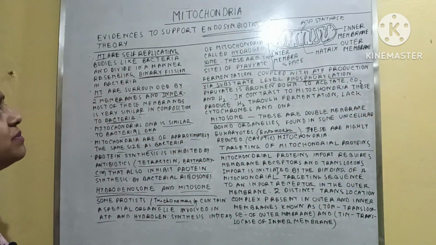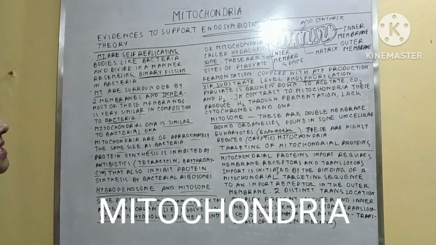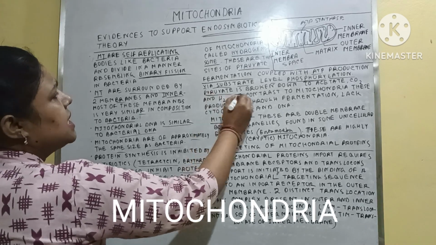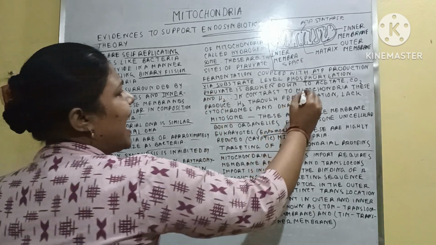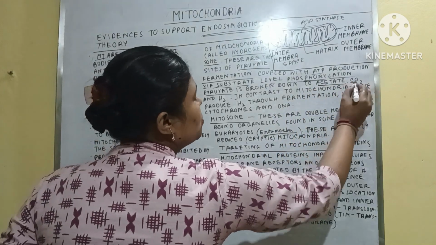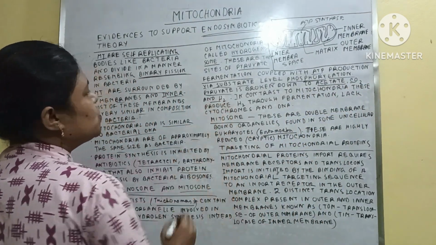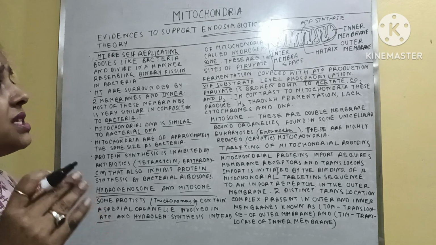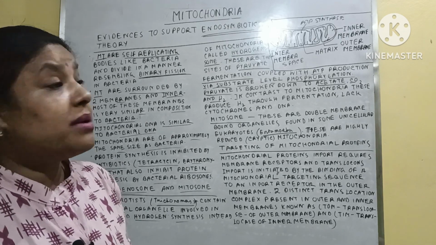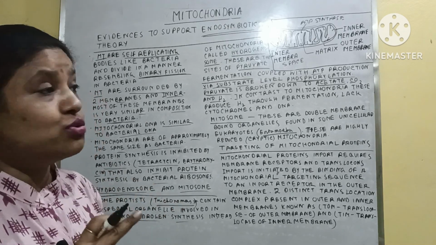Here pyruvate is broken down to acetate, CO2 and H2. I just said that CO2 is not produced here, but that is not true.